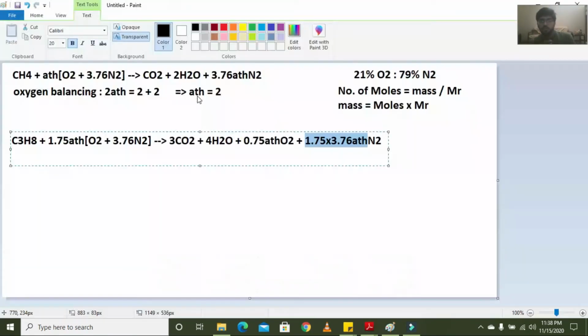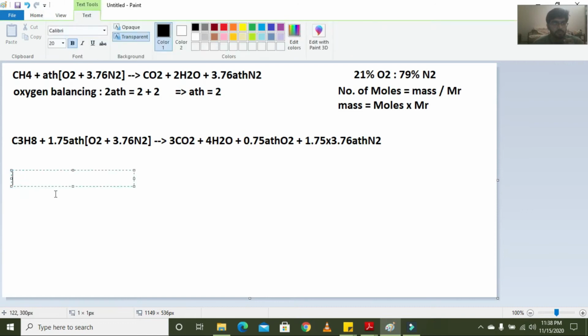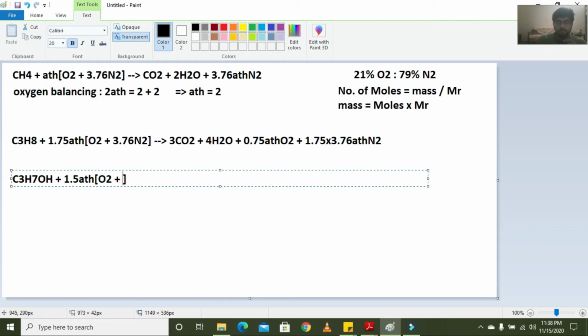So again, if I write down the equation for this question, I have propyl alcohol C3H7OH plus 50% excess air, which means 1.5 times ATH, O2 plus 3.76 moles of nitrogen.